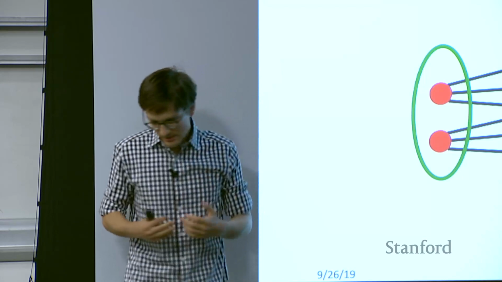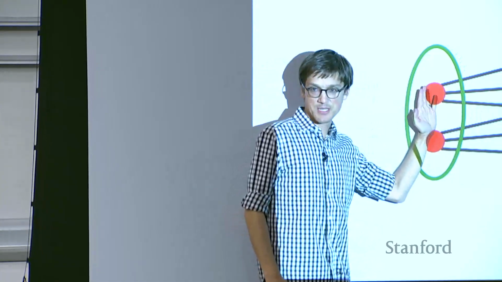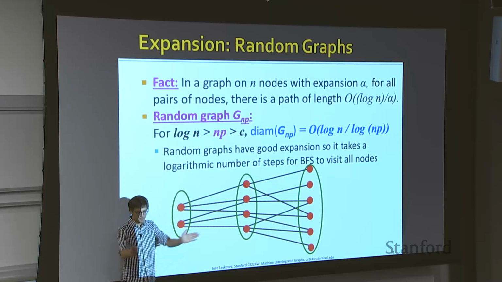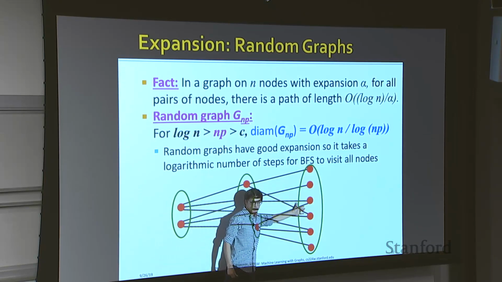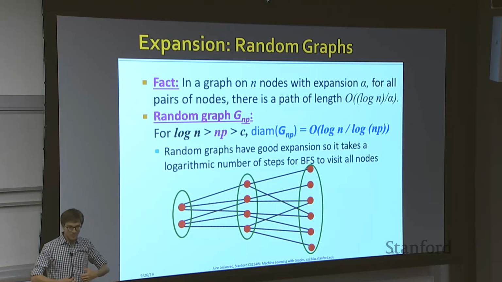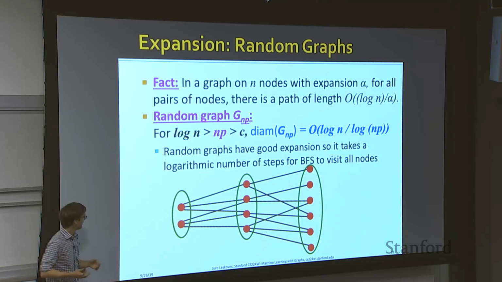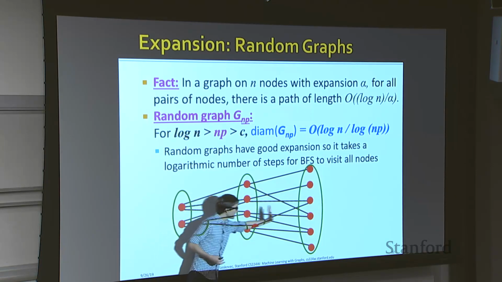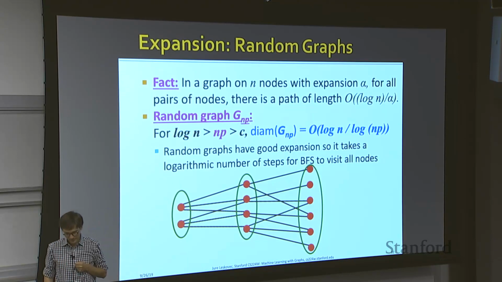Because if you have some expansion, then when you start with a single node, you expand to some number of nodes, and then you again expand to the next number of nodes. If at every step the number of nodes that I see increases by a factor of alpha, then it will take me a logarithmic number of steps before I visit all the nodes in the graph, right?